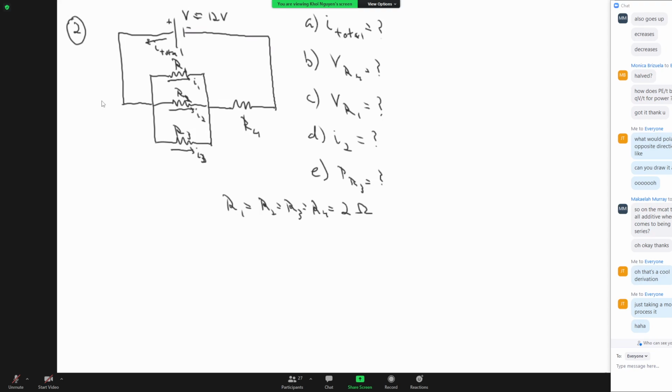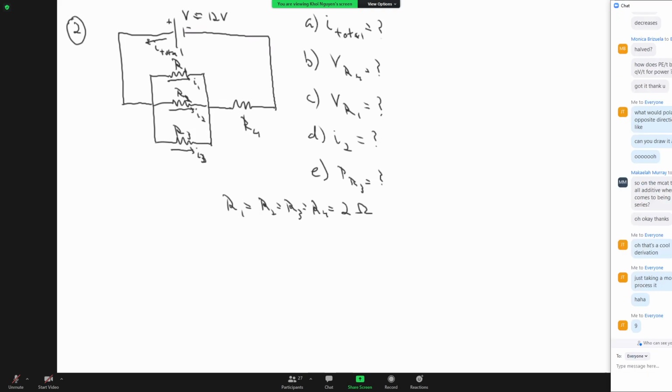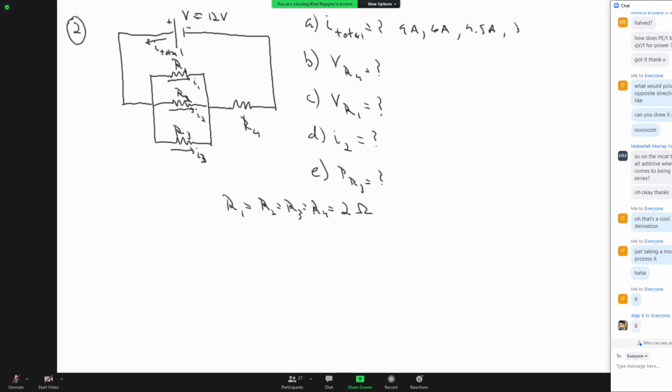Okay. What'd you guys get for the total current? Got 9 amps, 6 amps, 4.5 amps, 8 amps, 3 amps.